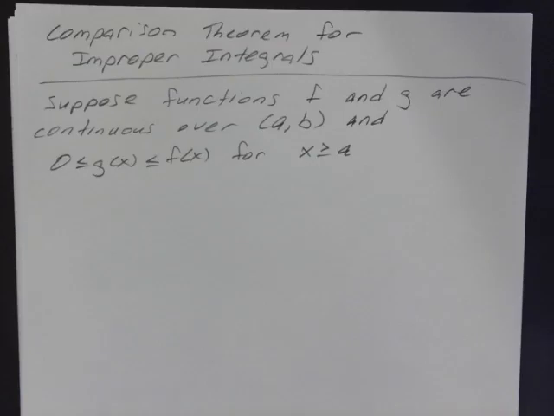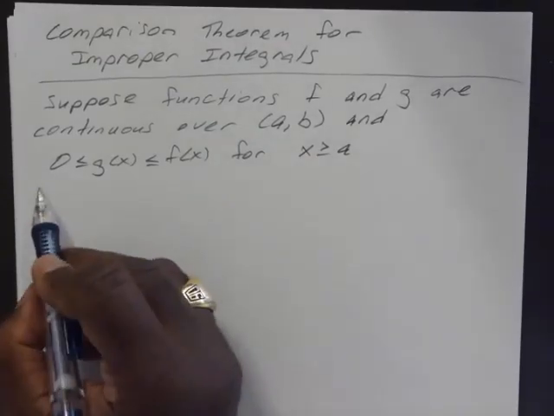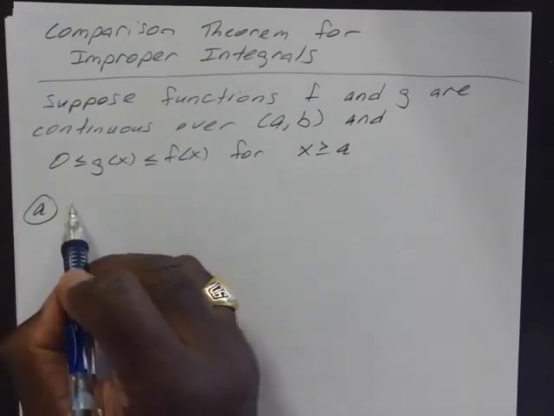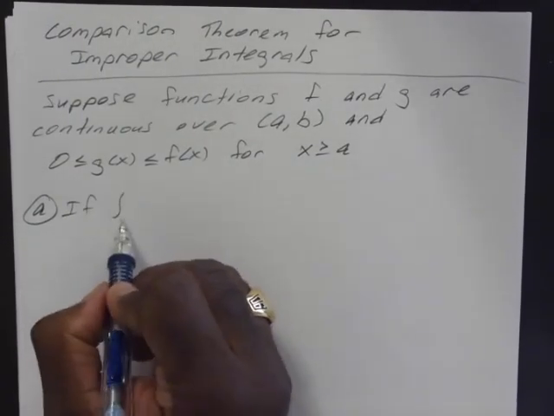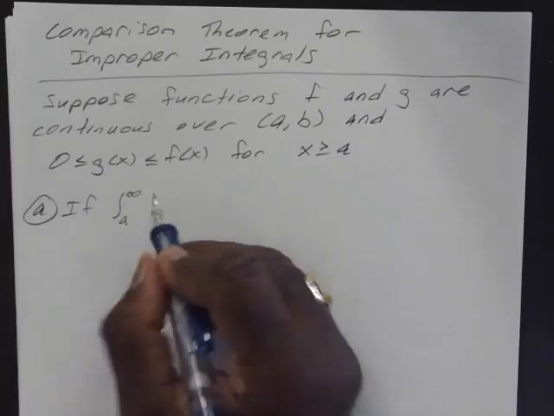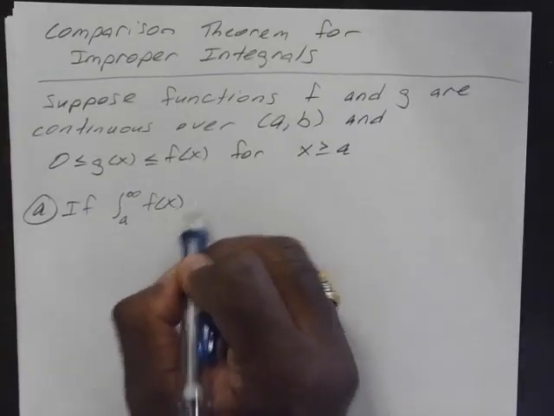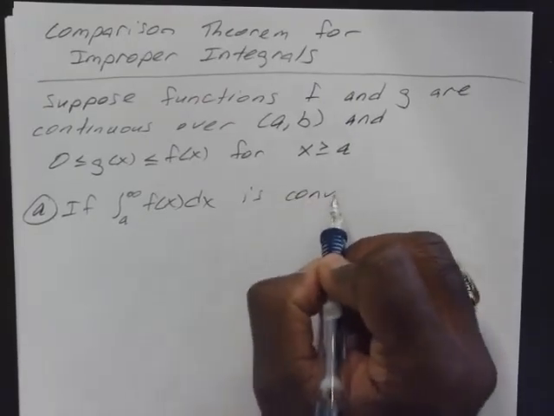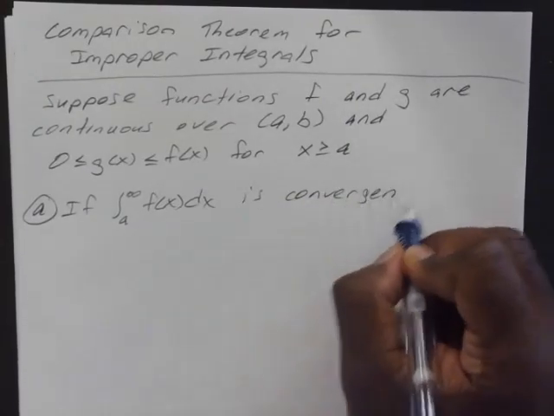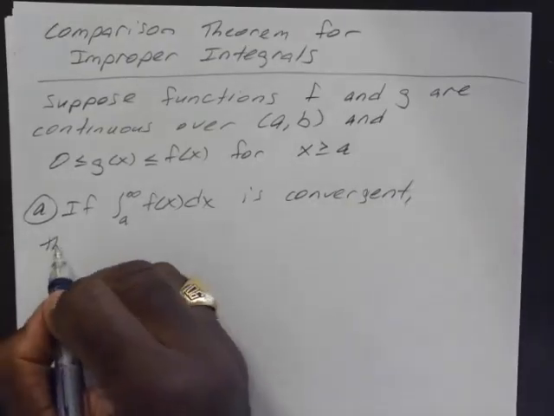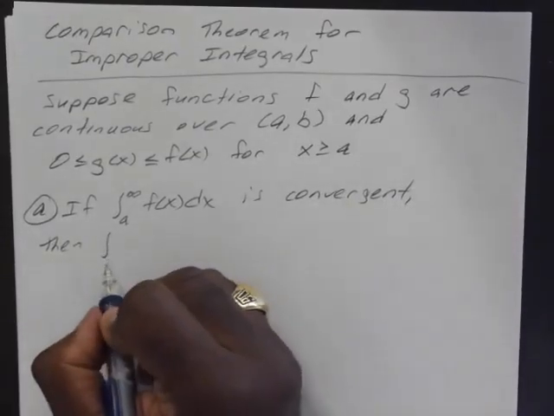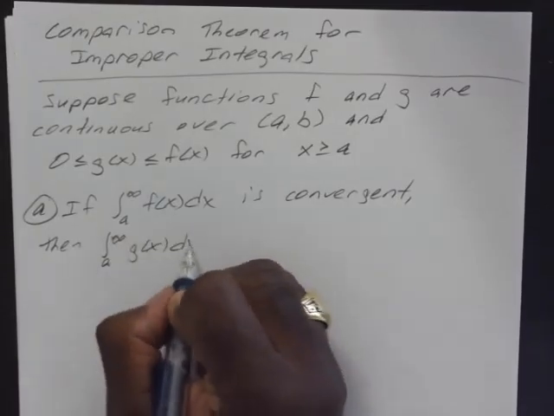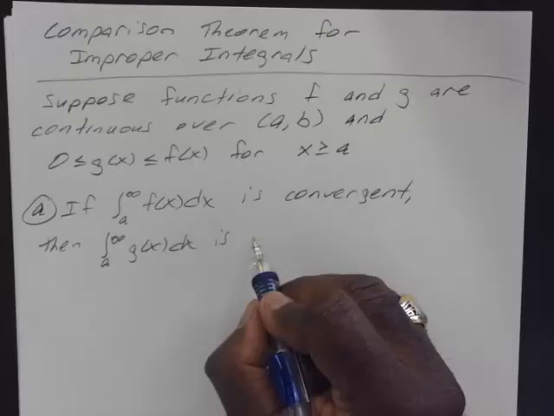So if those stipulations are true, we know that if the integral from a to infinity of f of x with respect to x is convergent, then the integral from a to infinity of g of x with respect to x is convergent.